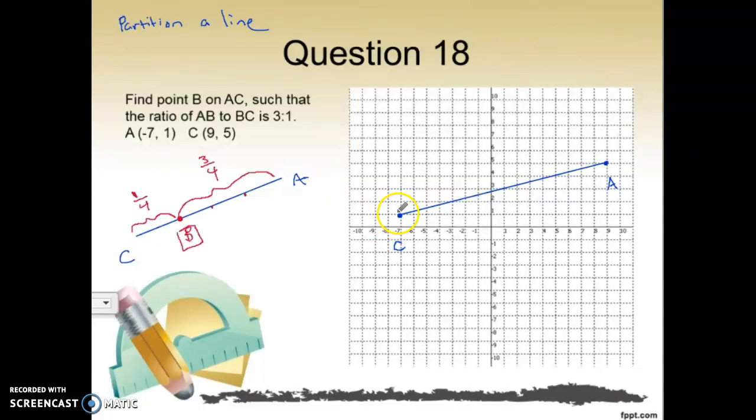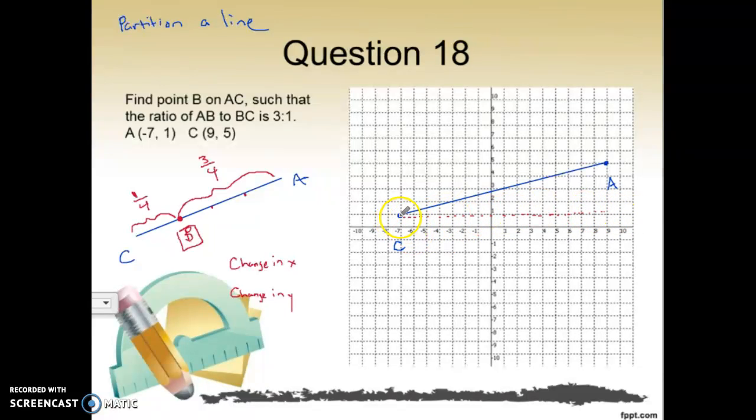So what we're going to do now is figure out how much this figure changes. I'm basically going to find the change in X and the change in Y. And basically I can count that up. Now remember, the change in X represents the horizontal distance, okay? So I'm going to count up how many places there are between C and A just horizontally.